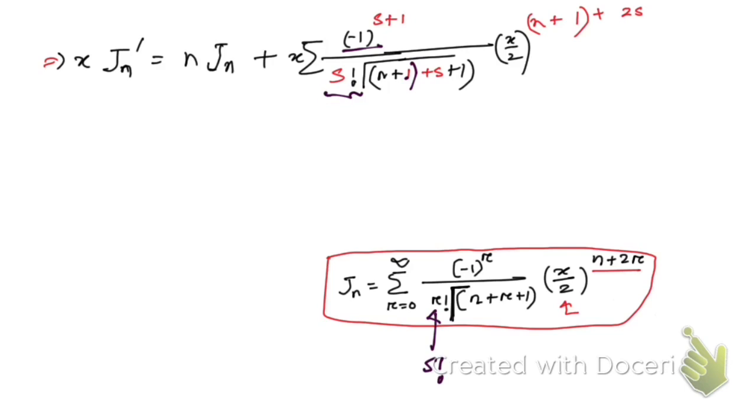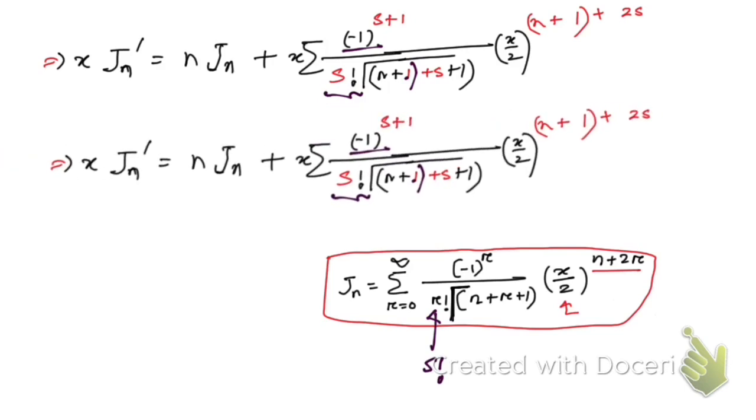Let me repeat this. This term, I am talking about this term, minus 1 to the power s plus 1, it can be written this way, minus 1 to the power s into minus 1 to the power 1, and minus 1 to the power 1 is going to be minus 1. So you can make this plus symbol negative, right? Hope you have understood this.